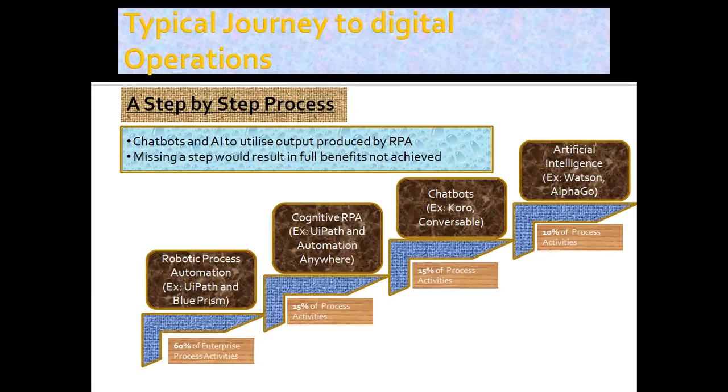So if you want to completely do digital operations for your customer requirements, you can use RPA, cognitive RPA, chatbots, and artificial intelligence. Either chatbot or artificial intelligence will take some data which is coming from the RPA processes. RPA will do some process and give the required input to the chatbots and artificial intelligence tools.